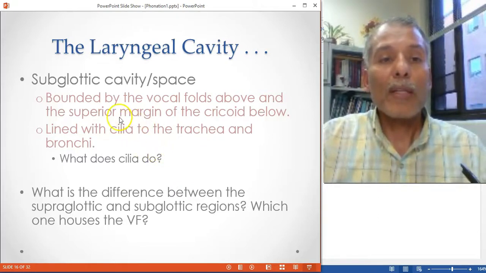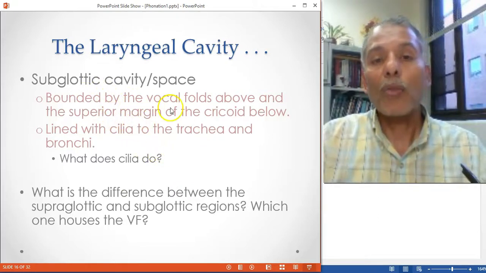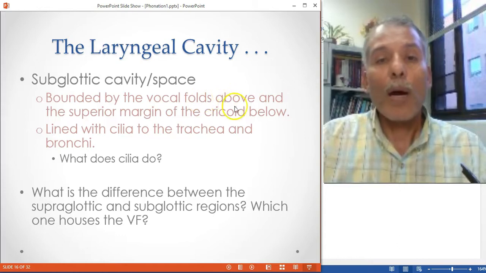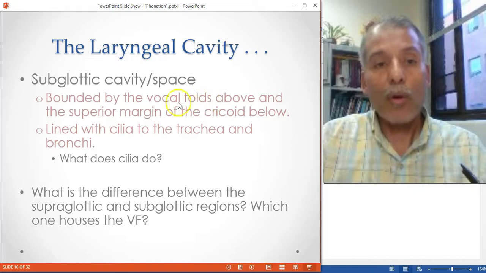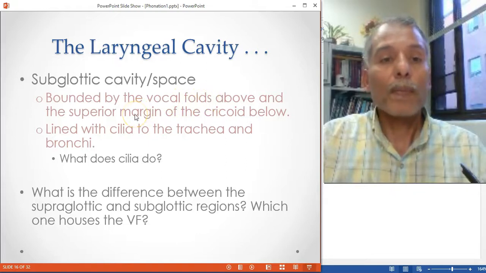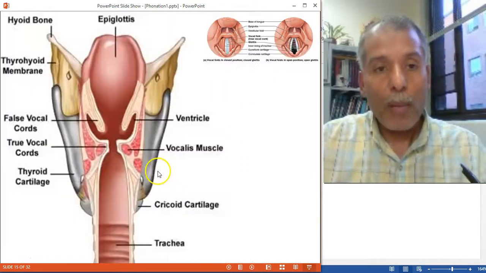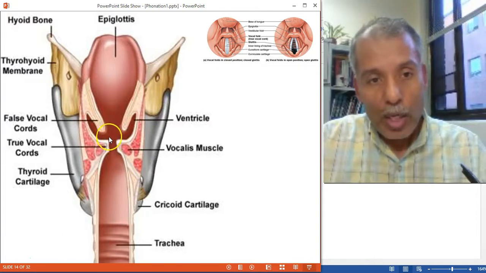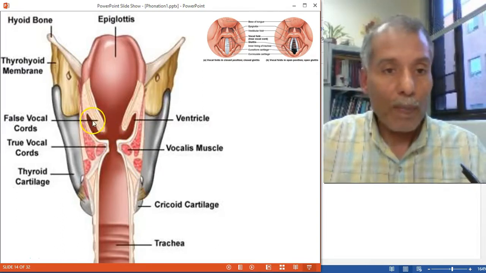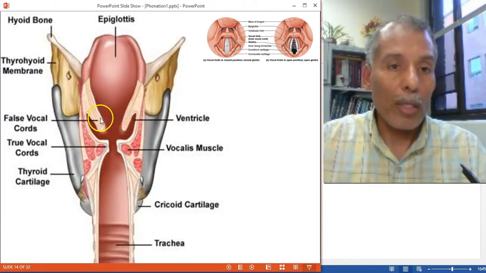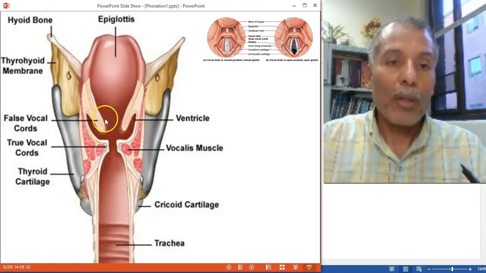So again, the supraglottic cavity is bounded by the vocal folds and the area right above the vocal folds. It goes from above the glottis to the area where the false vocal folds or the ventricular folds are.